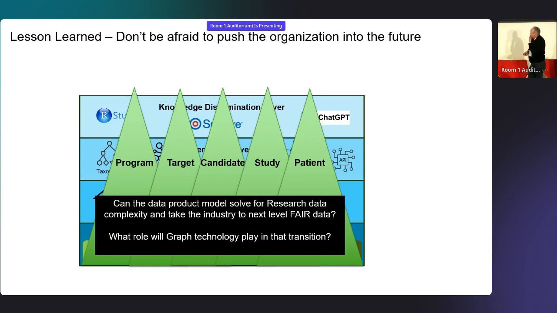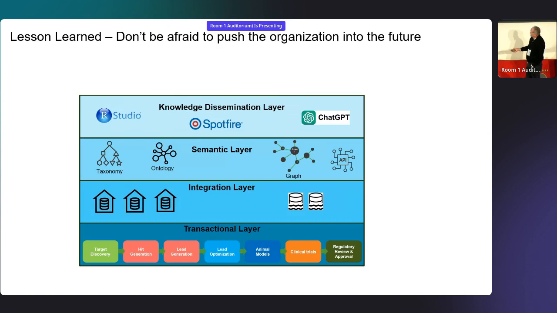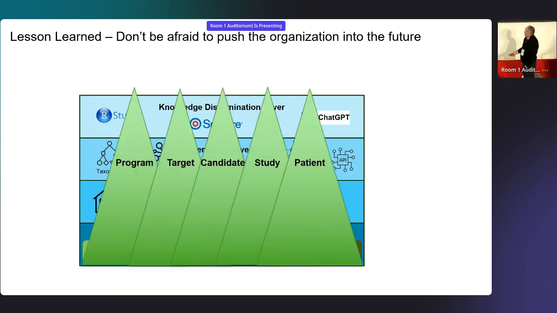Can that model of data productization solve for the research complexity and take the industry to the next level of FAIR data? And what role will graph play in that transition? You saw that I had included the semantic layer as a critical component. That gives context to data and allows you to find it and use it more rapidly.